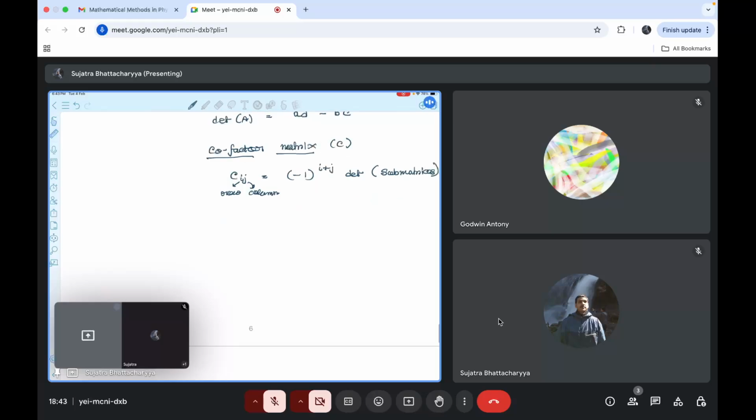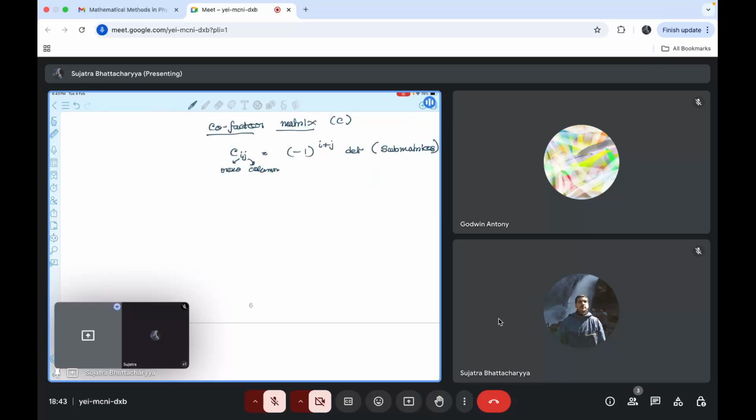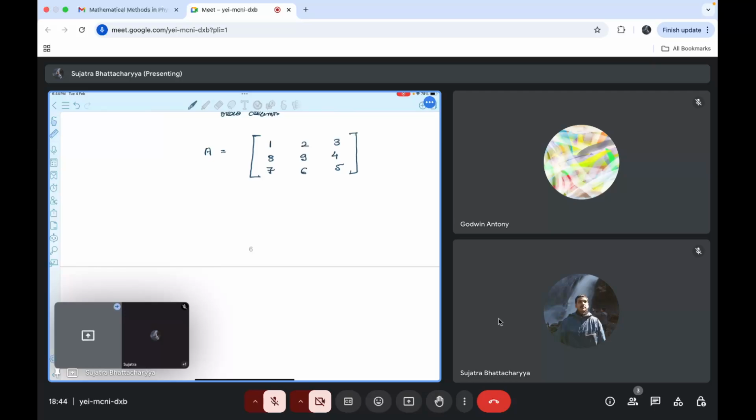So let us consider a matrix A, just an arbitrary matrix: 1, 2, 3, then 8, 9, 4, then 7, 6, and 5. This is a matrix. So how do we calculate the determinant? I have shown it to you in a 2 by 2 matrix, or say a 3 by 3 matrix.